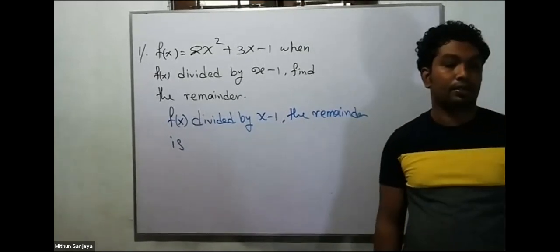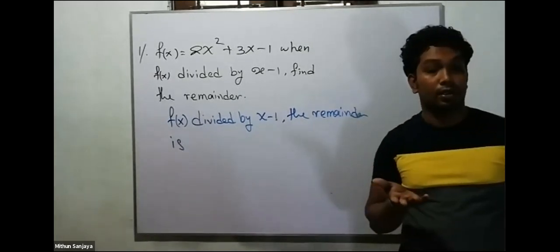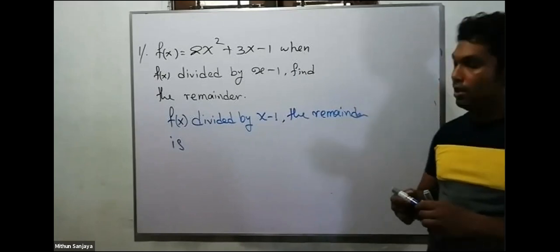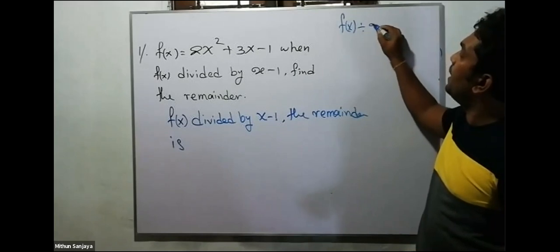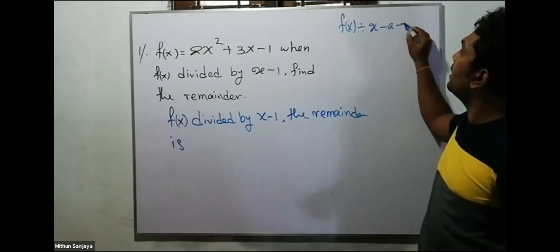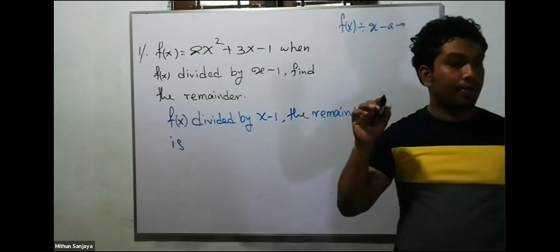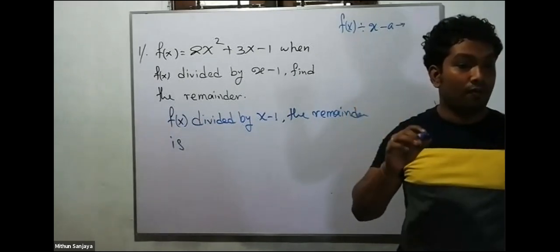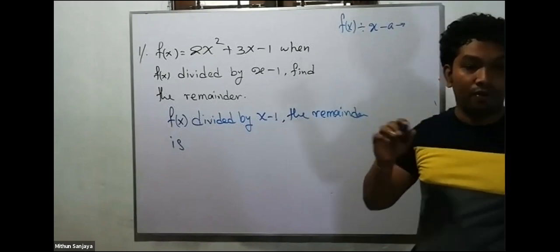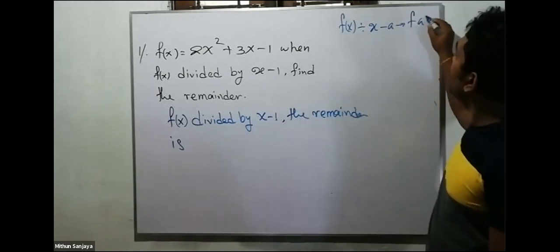What is the remainder? Then what do I say? f(x) divided by x minus a, the remainder is f(a).